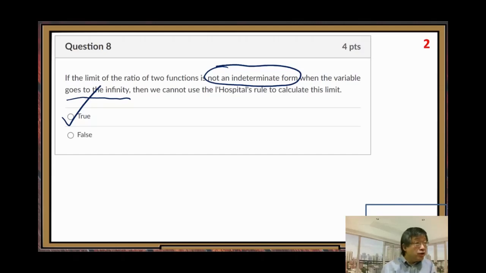They skip the condition part. Then they apply it directly, and they could get a wrong answer. If you do not check the condition, you will get a wrong answer. So that's question number 8. And then we finish our video B.4.